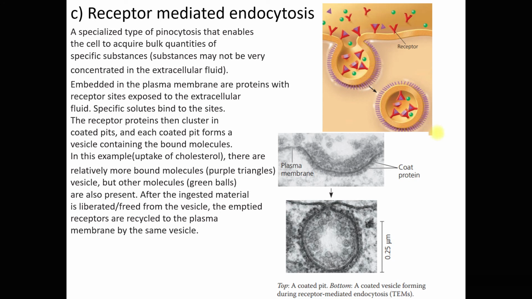So after the ingested material is freed from the vesicle, the emptied receptors are recycled to the plasma membrane by the same vesicle. So meaning to say, cholesterol binds with the glycoprotein receptor on the surface of the plasma membrane. So what happened? This plasma membrane will form a vesicle.